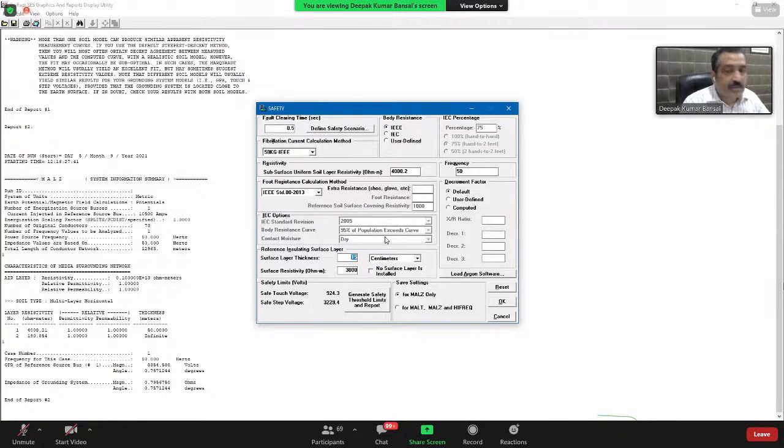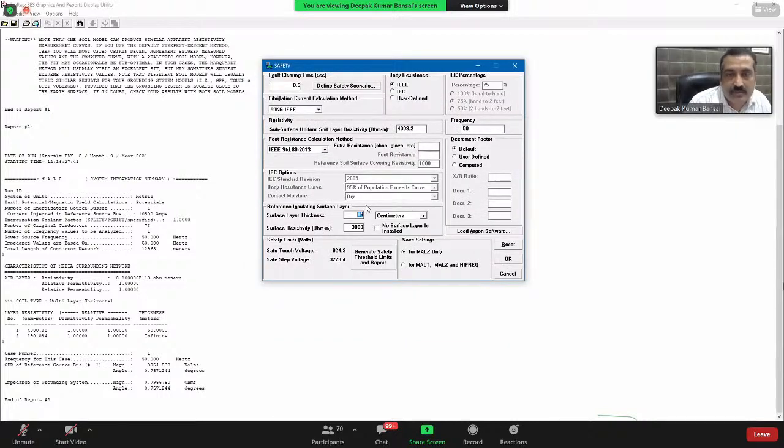Now, everybody must be knowing that on substations we provide a surface layer of gravel stone so that our withstand capacity of touch and step voltages increases. I will show you that also. This is a standard 15 centimeter surface layer thickness of gravel provided on the substation, and soil resistivity is around 3000 ohm meter.